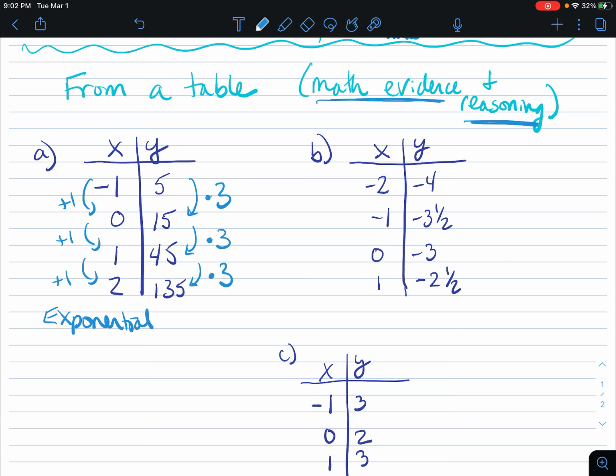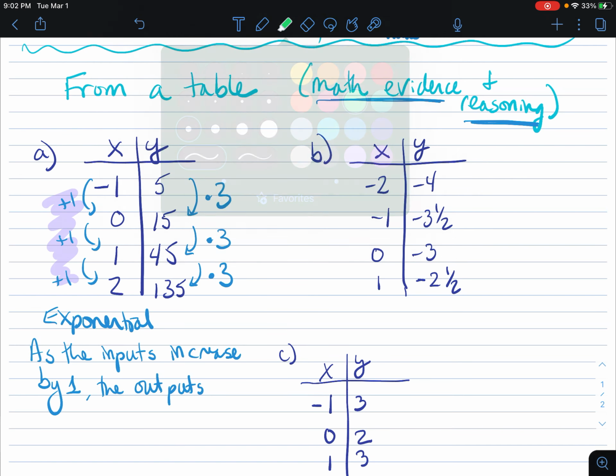Now the reasoning part, we can say this. As the inputs, that's your x's, increase by 1, that's this right here, the outputs, are the outputs increasing or decreasing? What are the outputs doing?